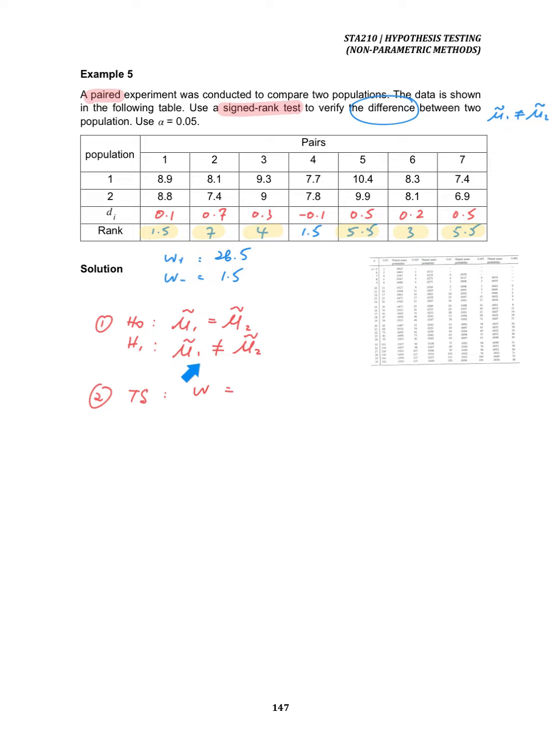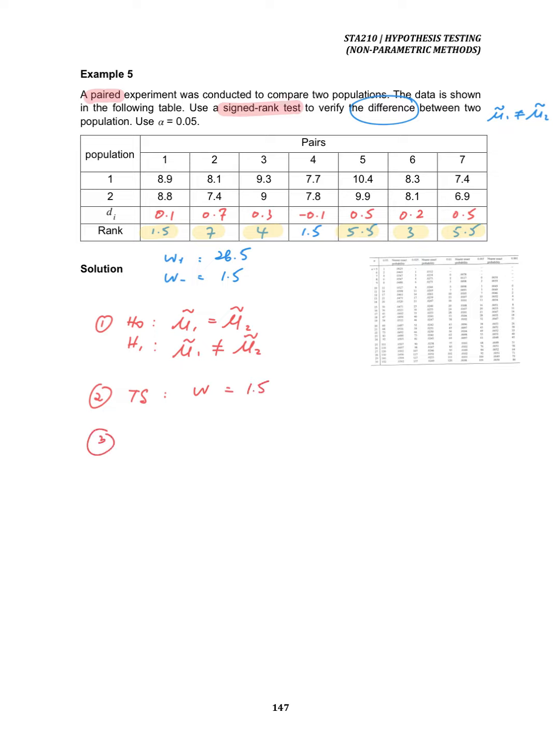Because kita punya H1 kita adalah unequal, if you refer back to the table that I summarized tadi dekat procedure, kalau two-tailed kita akan cari the smallest between W plus and W minus. So W here is equivalent to 1.5.